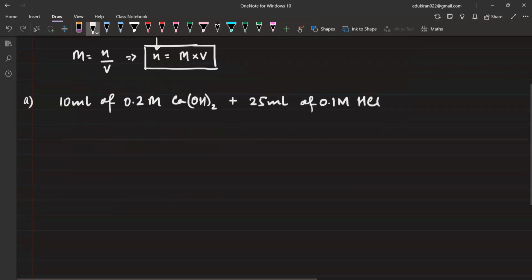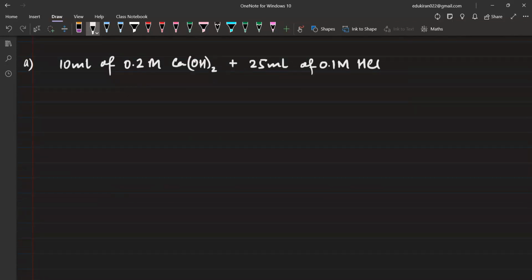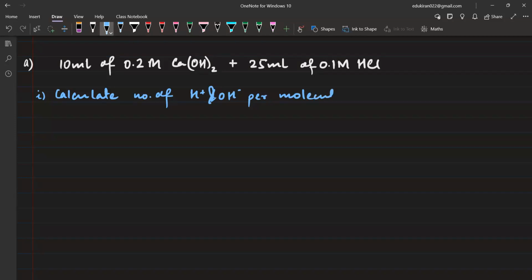Now pay attention, what is the first step here? First of all, you have to calculate the number of H plus and OH negative per molecule of acid and base. So what is the acid here, guys?